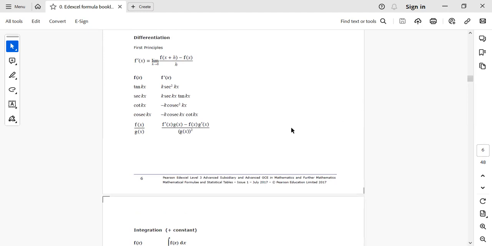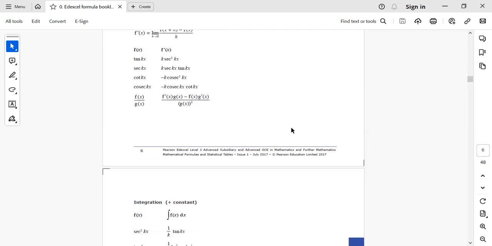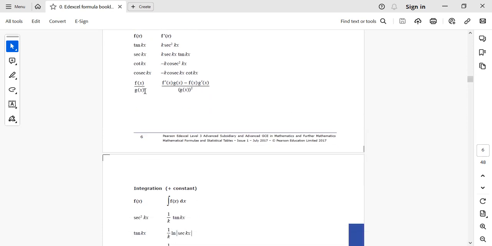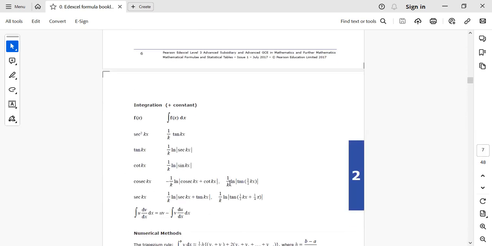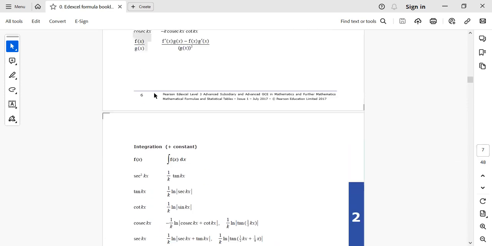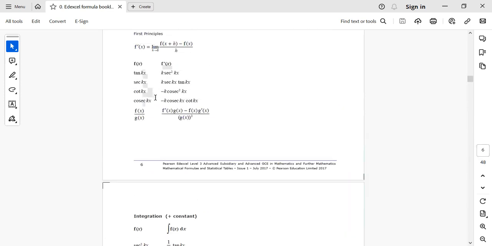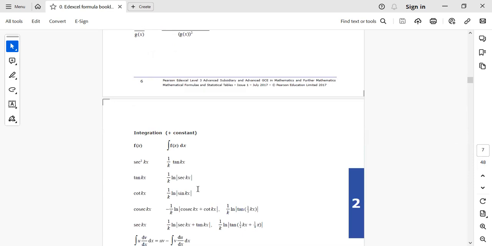Sometimes it will give you a hint, and sometimes it's the answer without you noticing. So that's why you should familiarize yourself with the differentiation bit and the integration bit. If you do Edexcel, that'll be page 6 and page 7, and these 2 parts will be extremely essential for integration. Okay, we'll come to it when we need to use it.